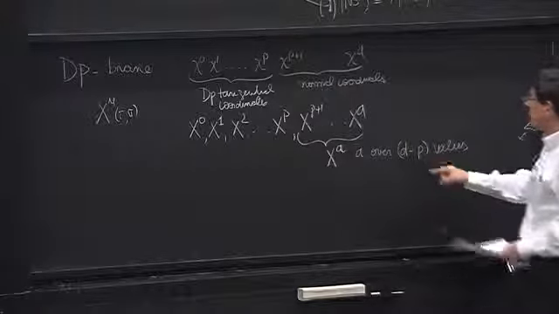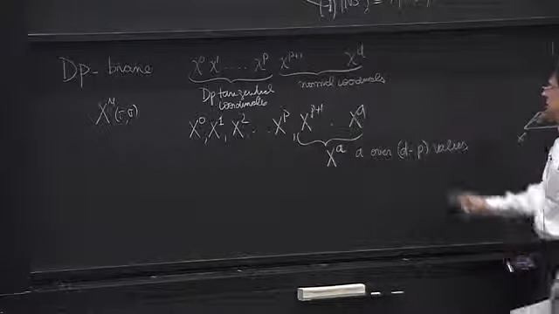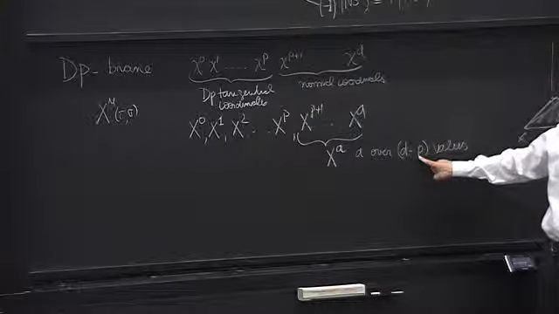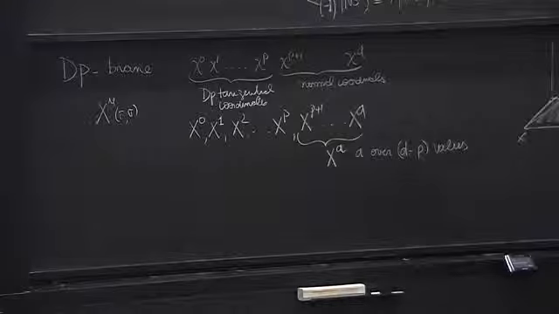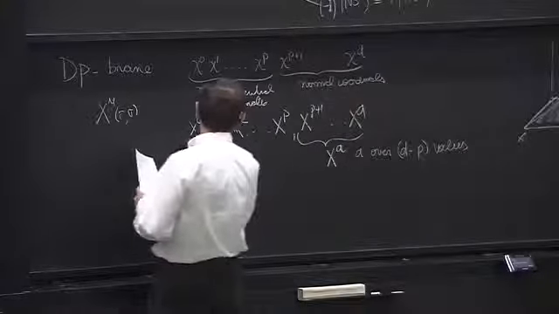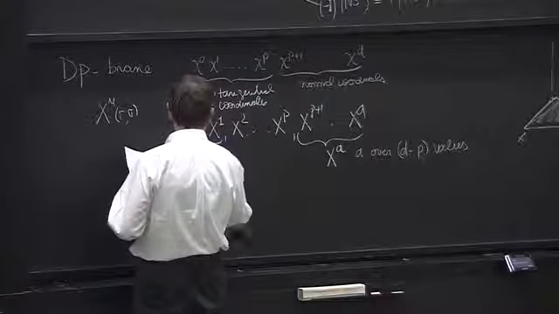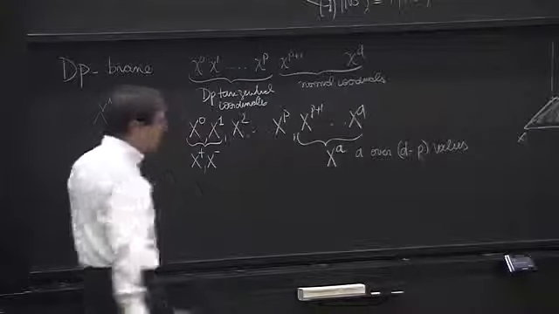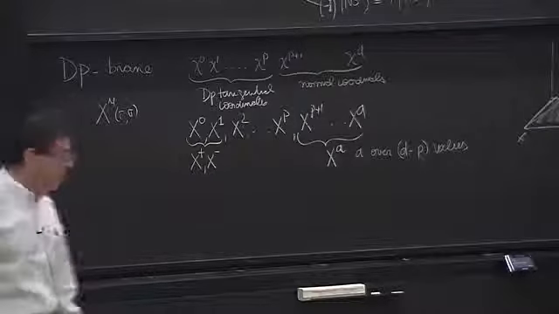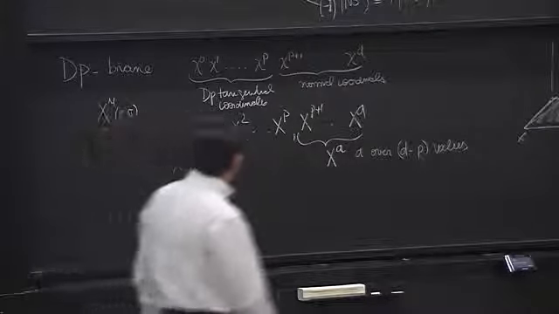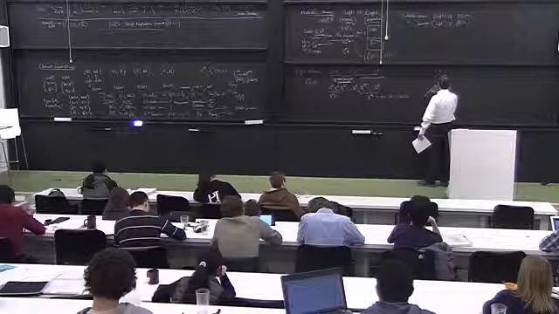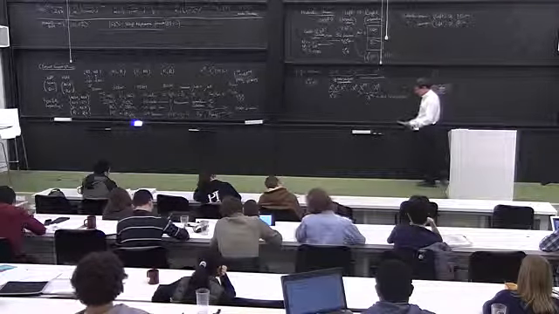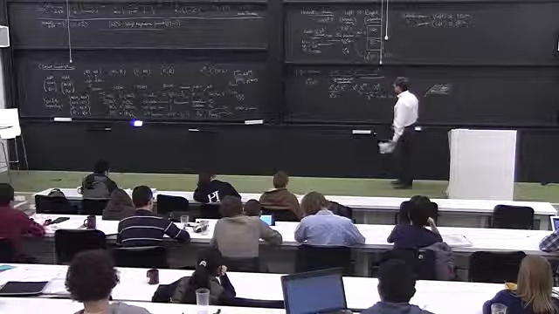You see, there are a total of d spatial dimensions. There are p spatial dimensions taken by the brane, so there are d minus p spatial dimensions normal to the brane. And here, this we always called x plus and x minus, and these are always free boundary conditions. You see, the open string endpoints can move freely along the branes. So these are going to be free boundary conditions.